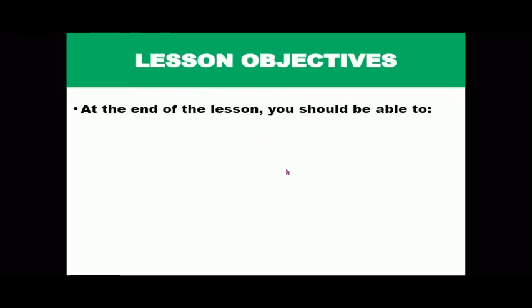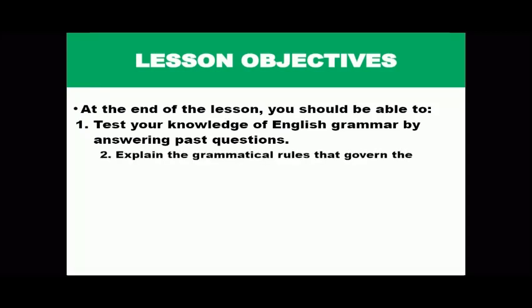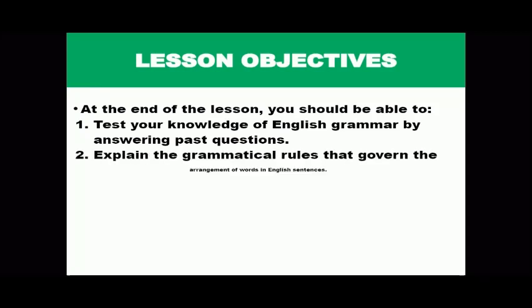Let's begin with the lesson objectives. At the end of the lesson, you should be able to: 1. Test your knowledge of English grammar by answering some past questions. 2. Explain the grammatical rules that govern the arrangement of words in English sentences.